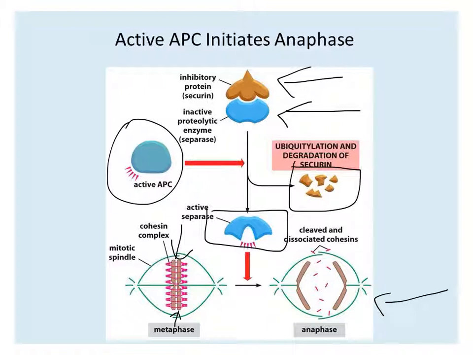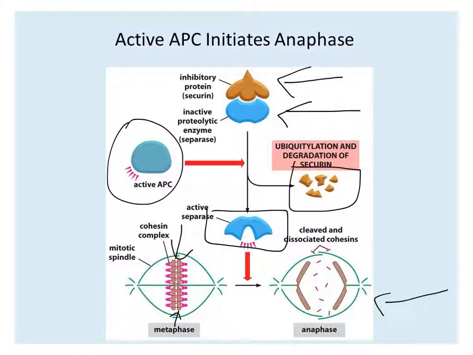So this completes our cell cycle review, specifically cell cycle control. Just keep in mind there are three different checkpoints: the G1, the G2, and the metaphase-anaphase transition checkpoint, all of which are controlled by specific proteins, and specifically to progress through those checkpoints, the specific activity of certain proteins is required.